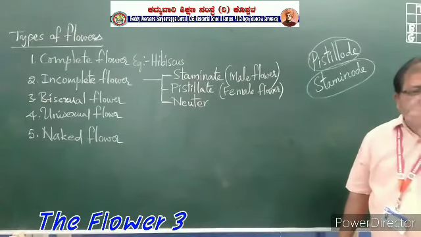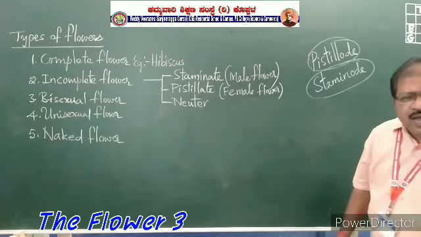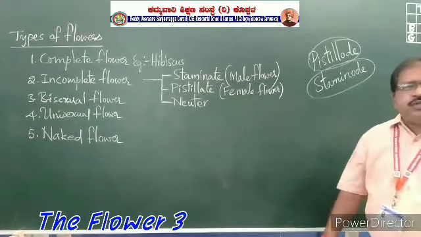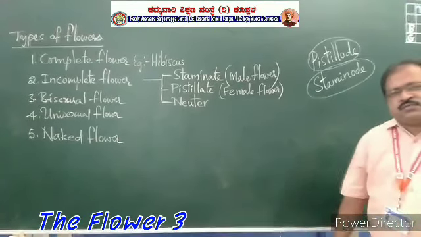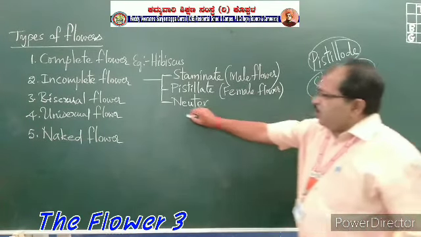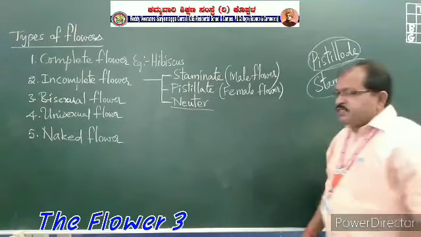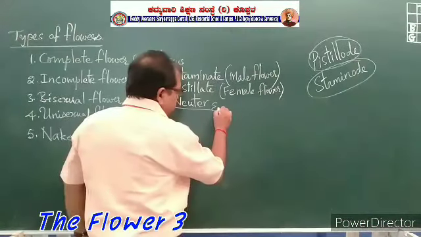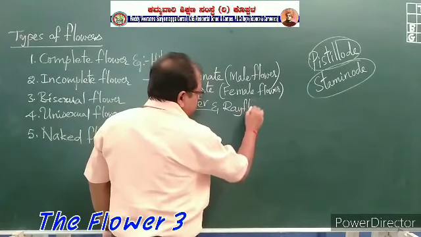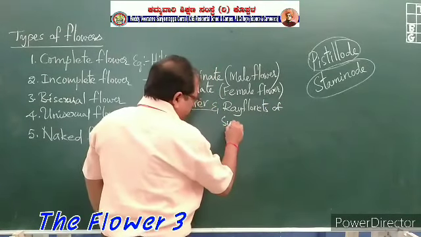Neuter flower: the flower which does not have stamens as well as pistils. Both the sexual parts are absent, then it is called a neuter flower. The example of a neuter flower is the ray florets of sunflower.